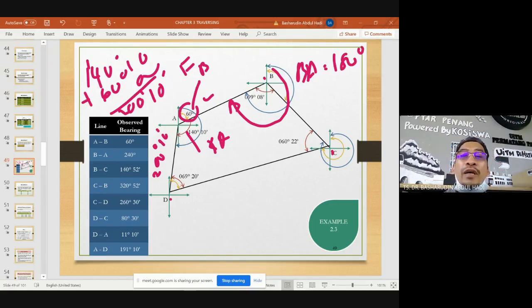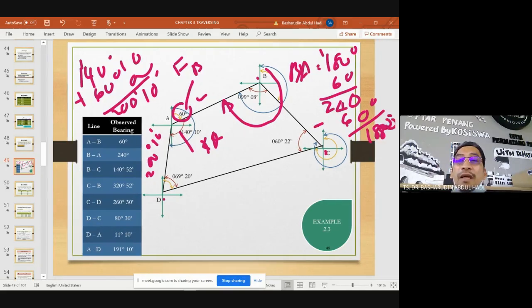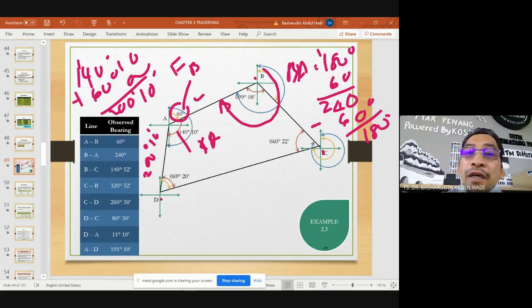Okay, so now we have 60 degrees. Alright, so what is the difference of angle when you minus 60? You get 180 degrees. So you plus 60, 240 degrees minus 60 degrees, so you get 180. That means the bearing B to A is 240 degrees.